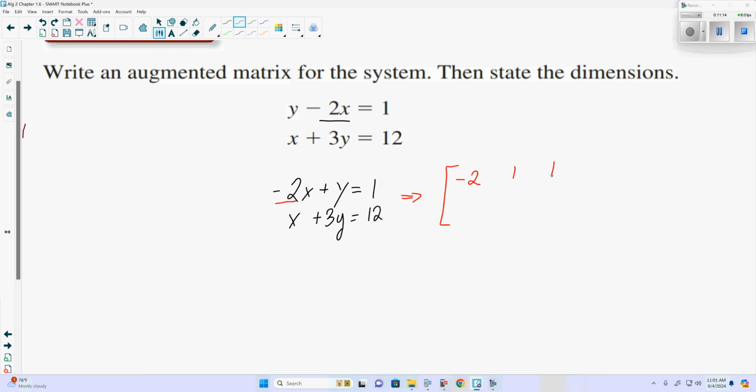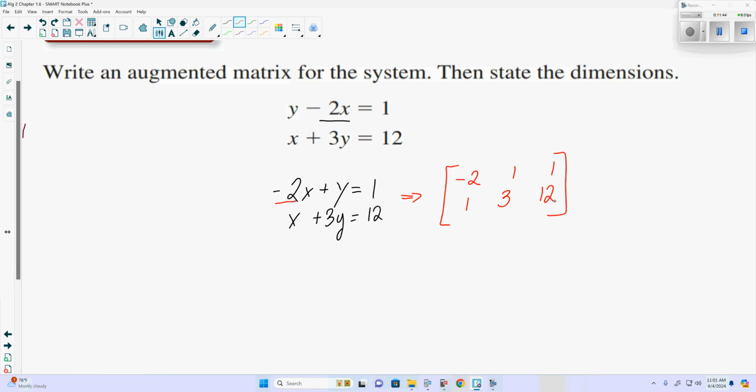And lastly, we have 1. And then the next equation would be 1, 3, 12. Now, realistically, having it flipped, 1, 3, 12, negative 2, 1, 1, is the same thing as just flipping the equation. It's not changing anything.